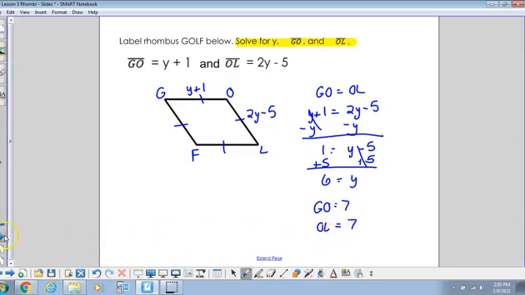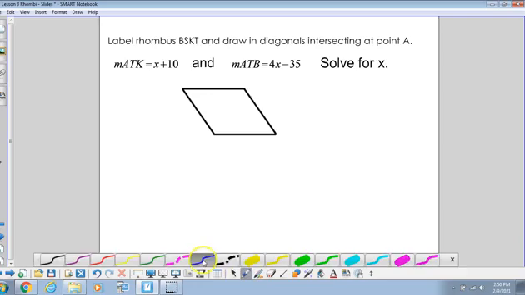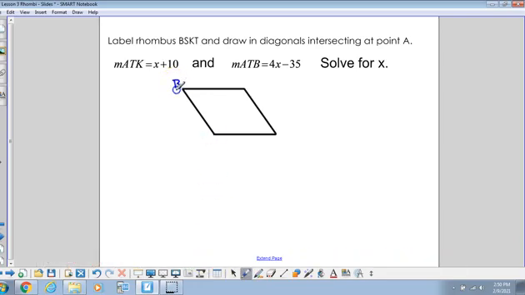And our last problem that we're going to do here, label rhombus BSKT and join diagonals intersecting at point A. Same rules for labeling as last time, you can start wherever you want, but you do need to go in order. Let's put BSKT and join diagonals intersecting at point A. They intersect at point A right here.